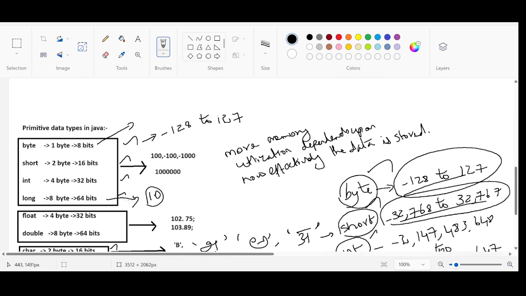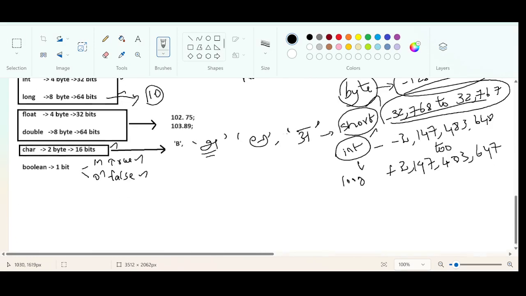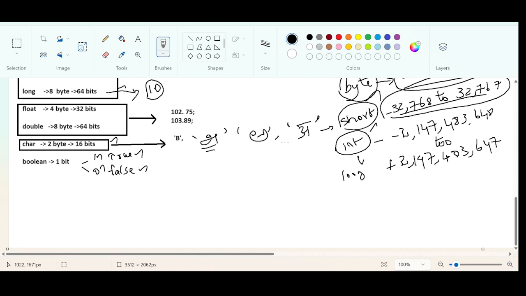So let us understand the byte data type. Yesterday I already said that 1 bit is the smallest representation. 1 bit is the smallest space that can be utilized to store a piece of information, right?